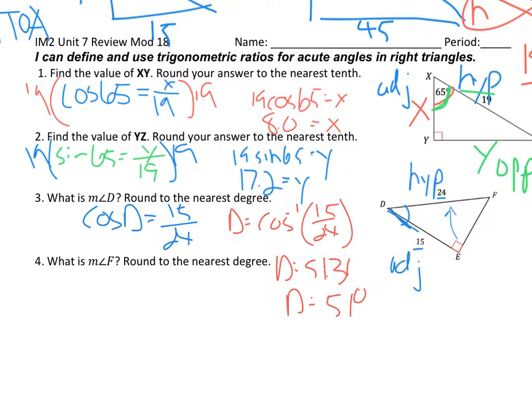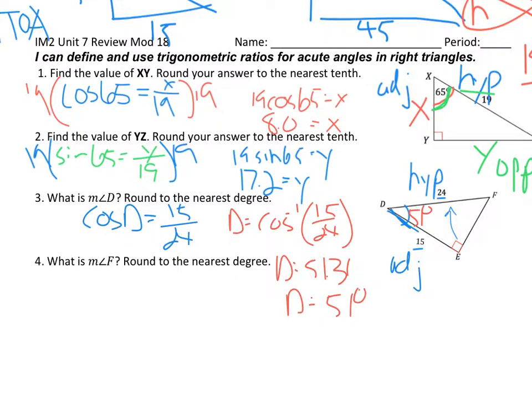Now, if we want to do F, there's a couple ways you can solve for F. We can set up another trig function. But if I know that D is 51 and E is a right angle, which is 90 degrees, how do we find a third angle in a triangle? Yeah, add those two together and subtract from 180.